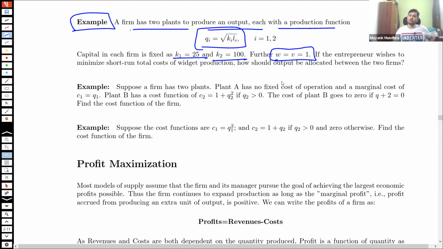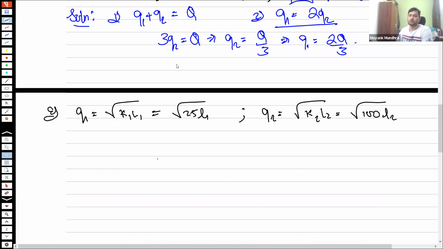He's asked us to assume that both the input prices are 1. So that eases up the calculation. This is called normalization. It's a technique we use very often just to ensure that calculations are easy. If an entrepreneur wishes to minimize short-run total cost of widget production, how should the output be allocated between the two firms?